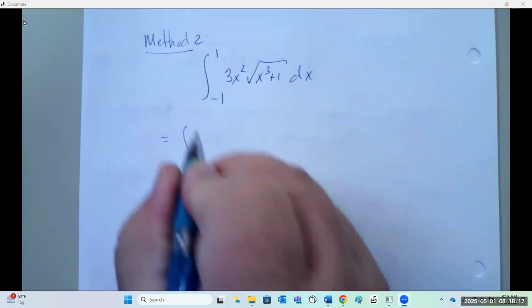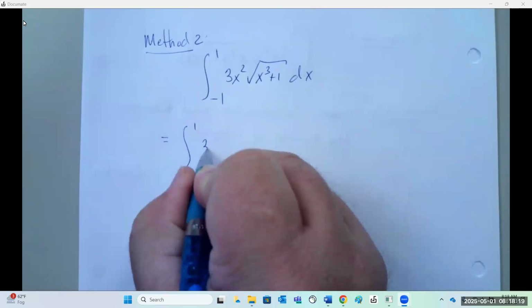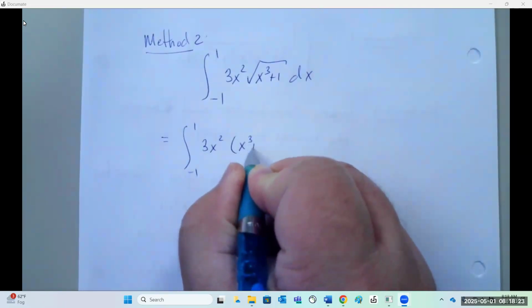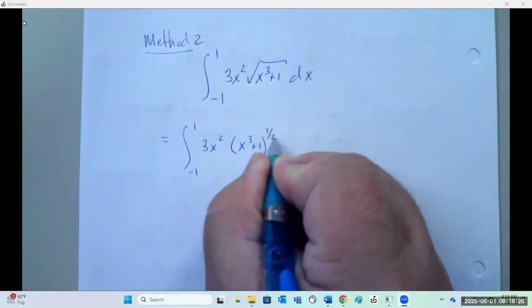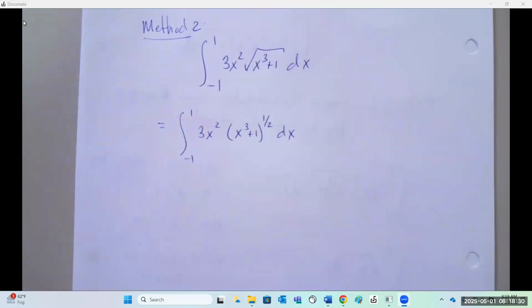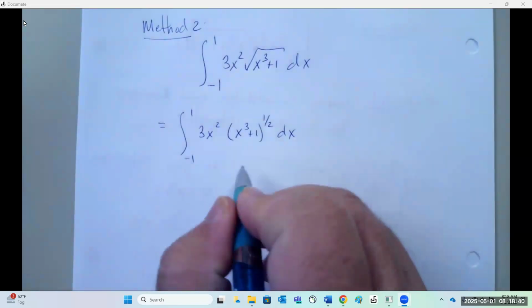Let's rewrite this function. So the integral, we have to work this one backwards.